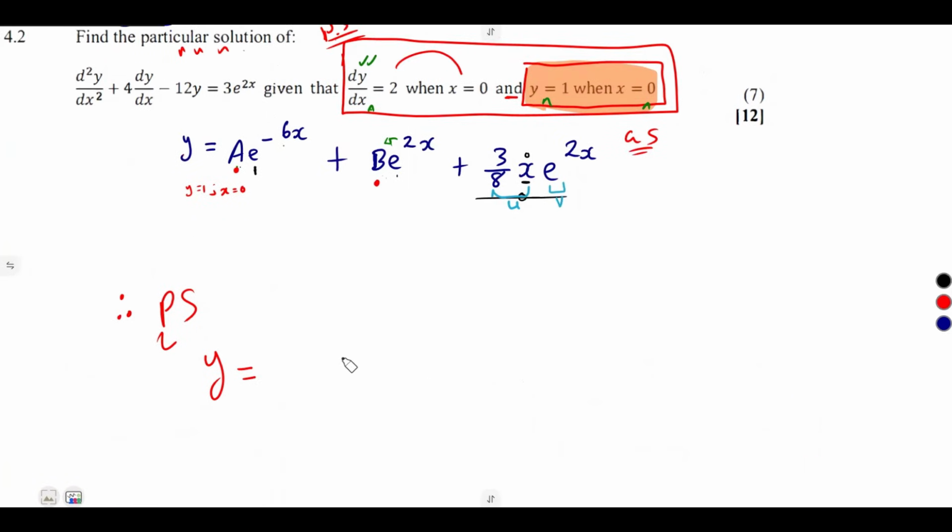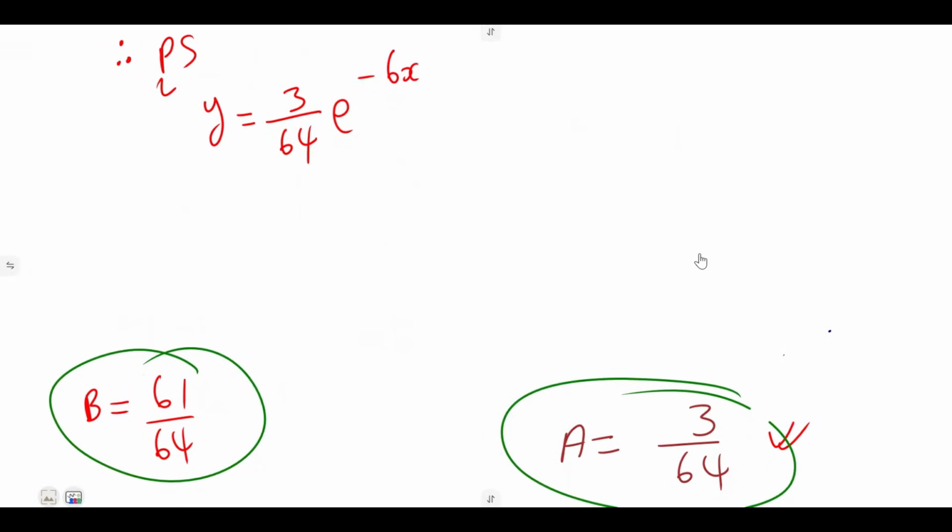So this is 3 over 64 e to the exponent of negative, and you can simply substitute these values, which is the b. Our b is given as 61 over 64.